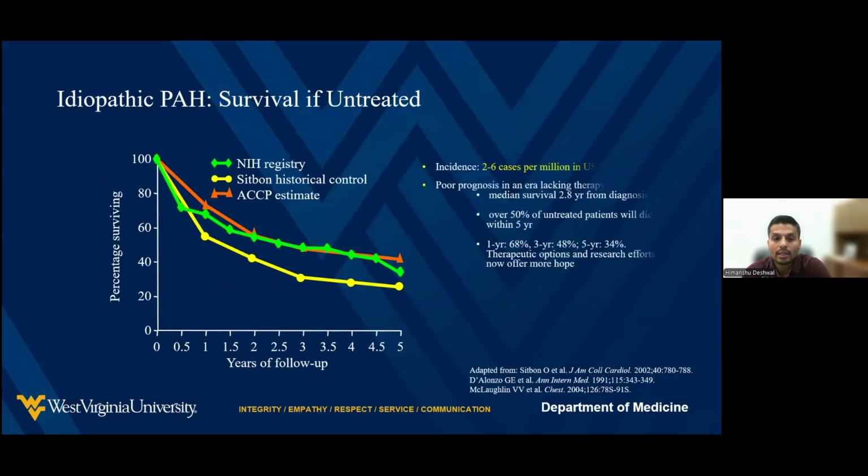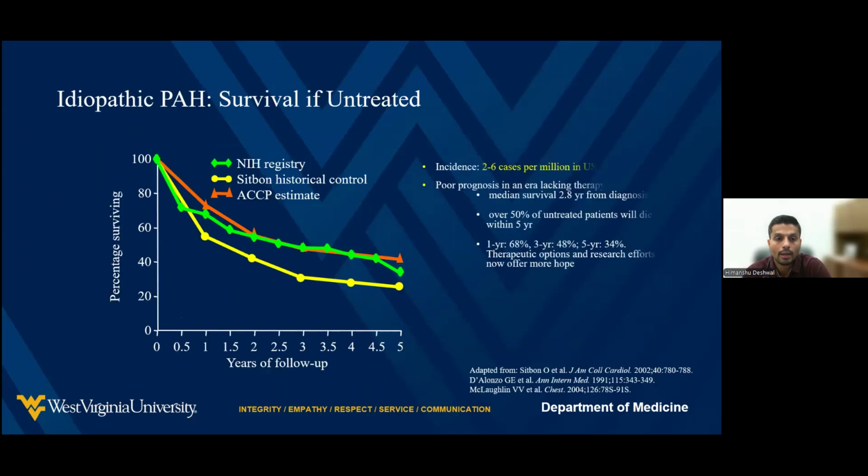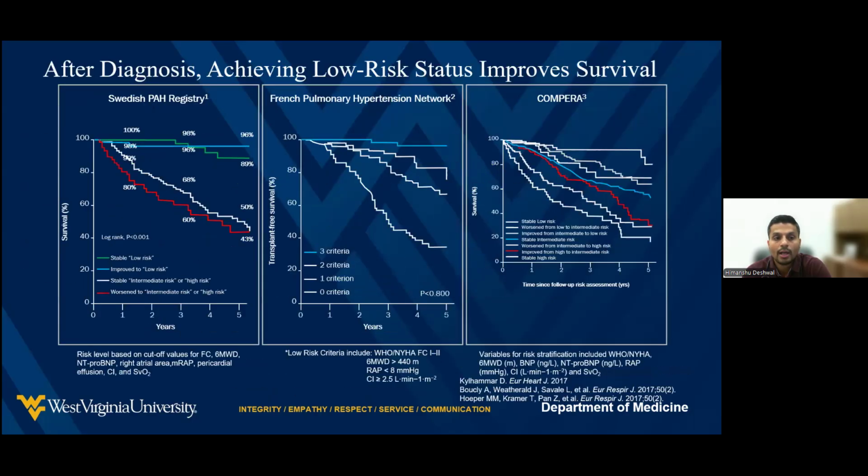And the importance of this is that if the patients are in high risk category, you can see the survival is only 43% at 5 years. But if they are in low risk category, the survival is 96% at 5 years. So the treatment goal for pulmonary hypertension is to get these high risk patients into low risk category.